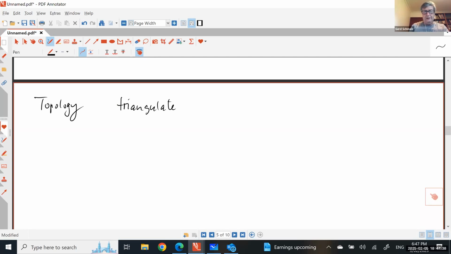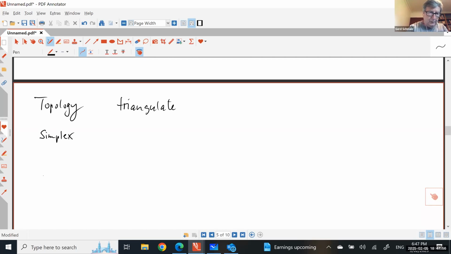Triangulate means cutting into triangles. So what's a triangle? Well, we are interested in triangles which are called simplices. So one is a simplex, many are simplices.